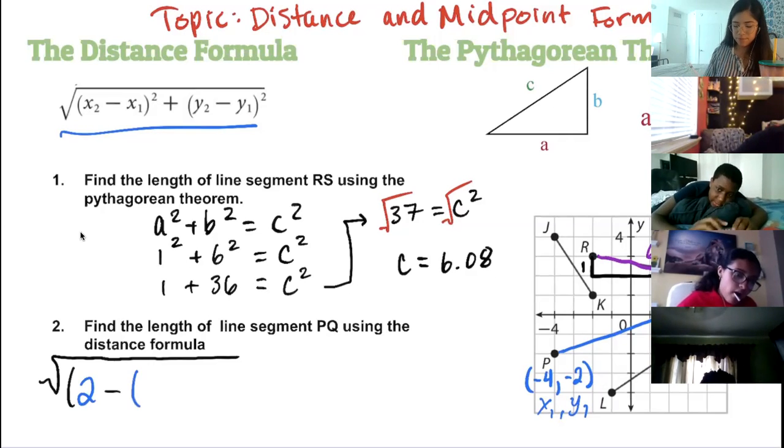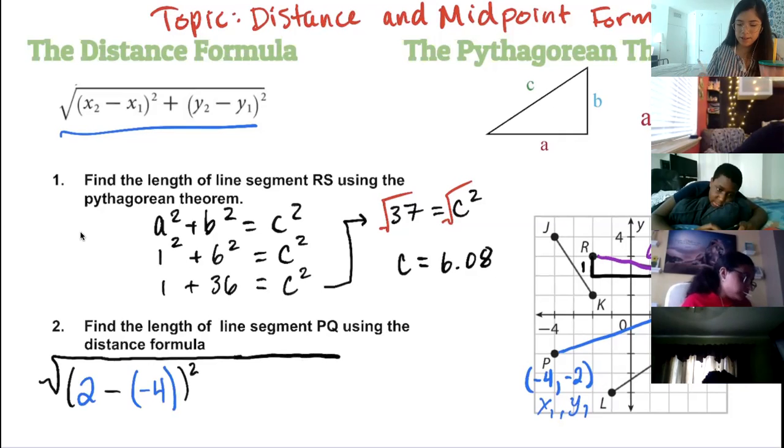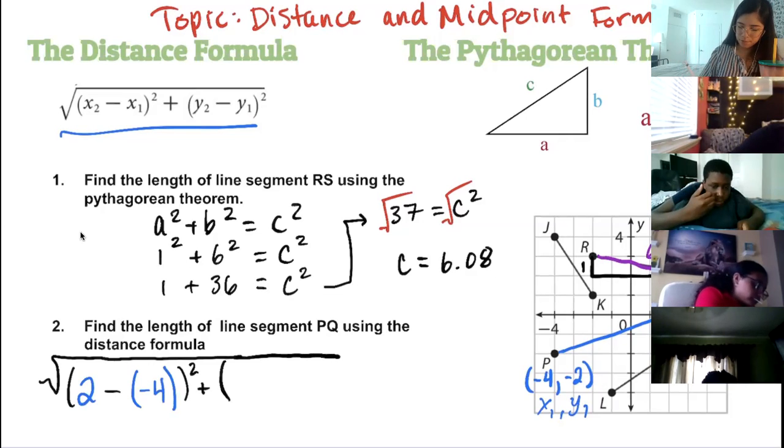Negative 4. So I have 2 minus negative 4 squared. We're just copying down exactly like it is in the formula. And then plus 0 minus negative 2, squared. Don't forget the squared.